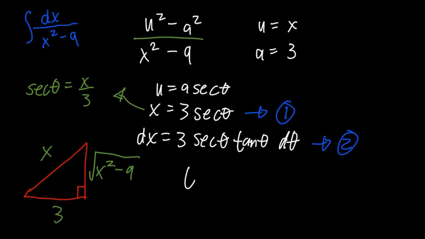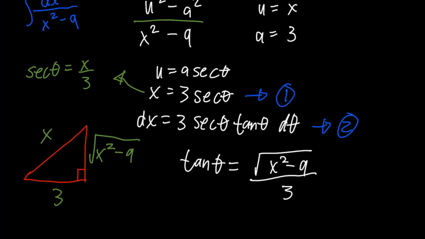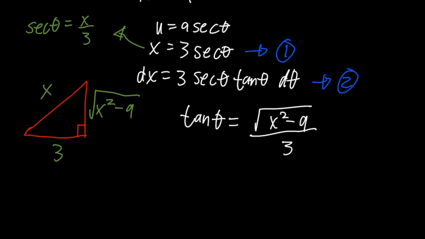Then from there, we need to get the value of tan theta. We know that tan theta is equal to the opposite over adjacent. So our opposite here is equal to the square root of x squared minus 9 all over our adjacent, which is 3. Then we're going to multiply both sides by 3.